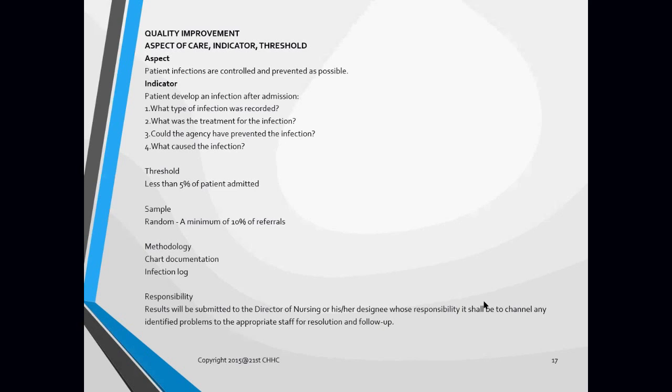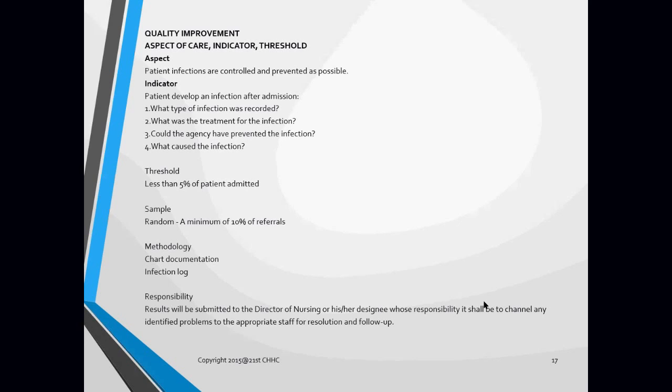The acceptable threshold, and we know some patients develop infections regardless of what we do, we have no control over it, but the threshold is we want that to be less than 5% of our patients that are admitted, or clients that are admitted. Again, our sample size is going to be 10% of our referrals.